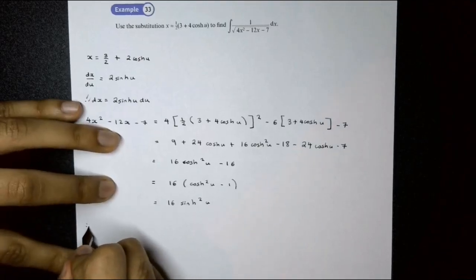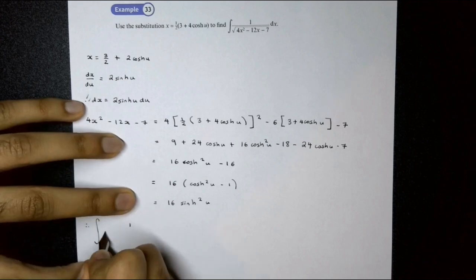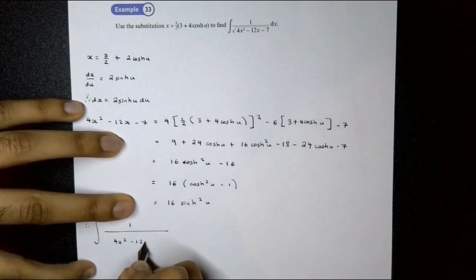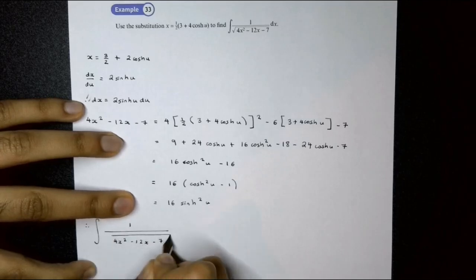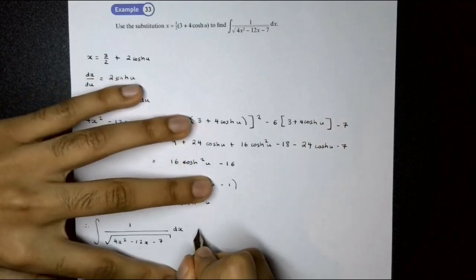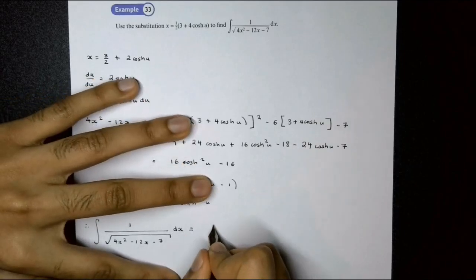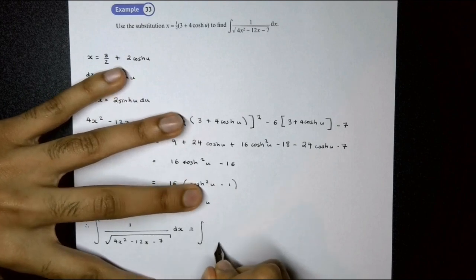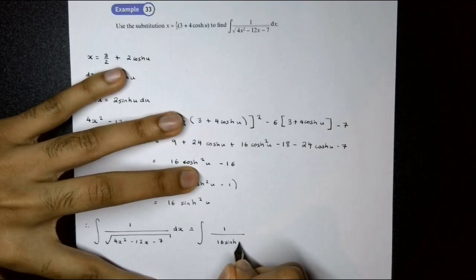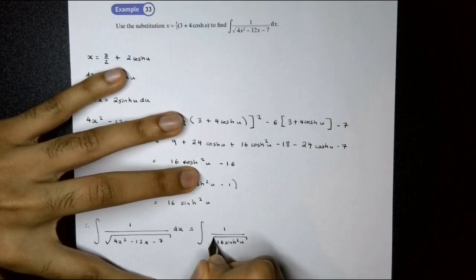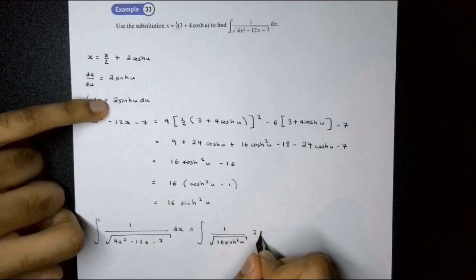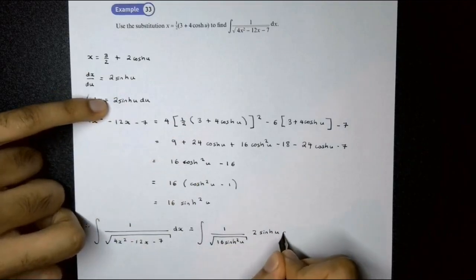So the integral of 1 over the square root of 4x squared minus 12x minus 7 times by dx is equal to the integral of 1 over the square root of 16 times by hyperbolic sine squared of u times by dx, which is 2 times by hyperbolic sine of u du.